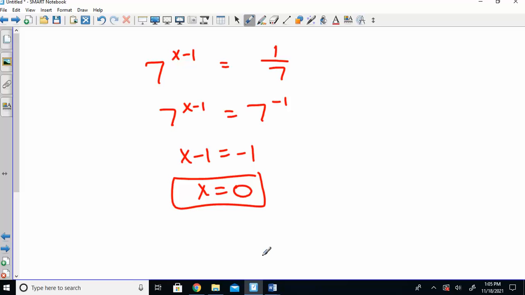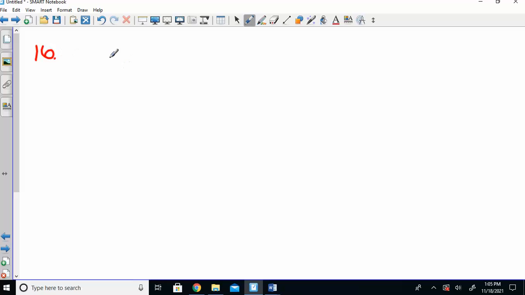Now, sometimes you can't get a common base. So, for instance, 16. So if the common base is not an option, what do you have to do? Add a log.